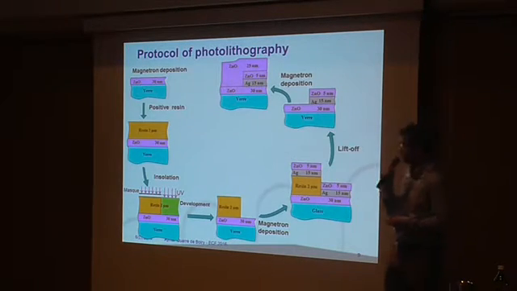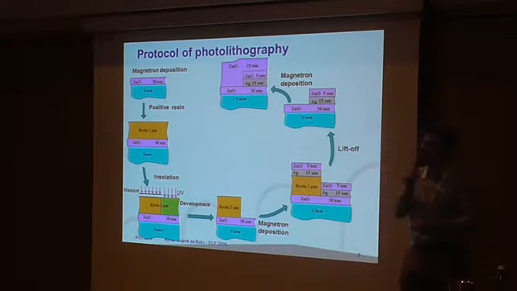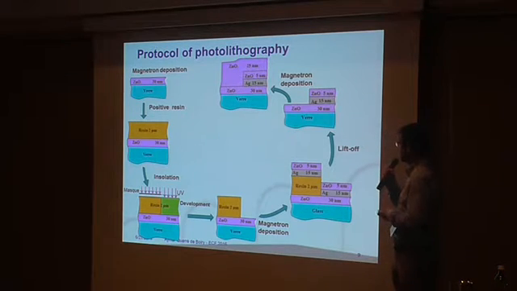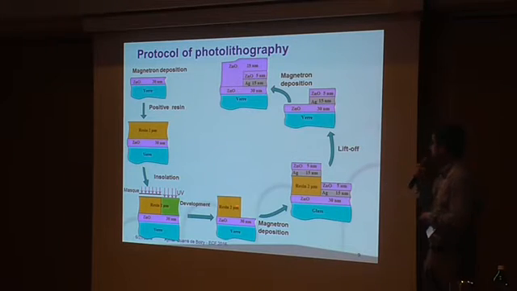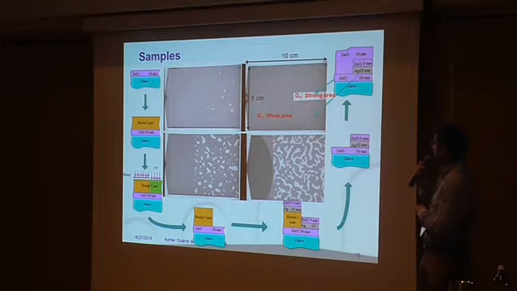The aim is to have more complex figures. It's impossible with direct masking, so we use a photolithography protocol. Here, the masking is done with resin, and with insolation, development, and liftoff, we can have this type of samples with strong adhesion areas and weak adhesion areas.